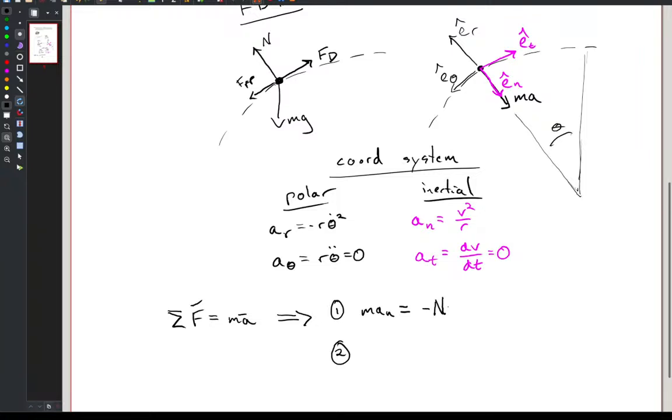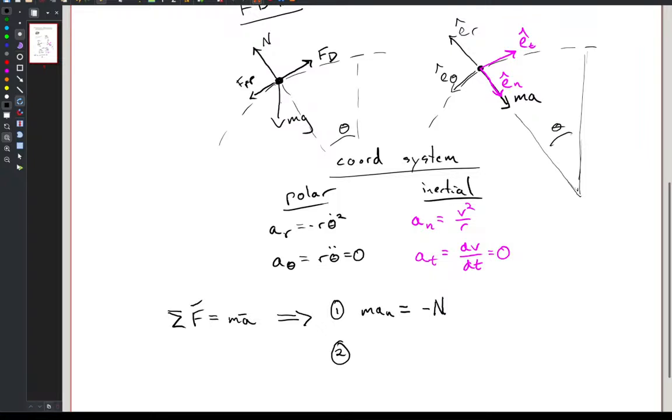What about mg? Is mg pointing along that e_n or tangent to it, or a little bit of both? A little bit of both? Yeah, a little column A, little column B. So we need a little bit of trig, right?